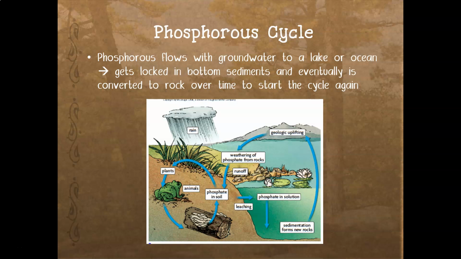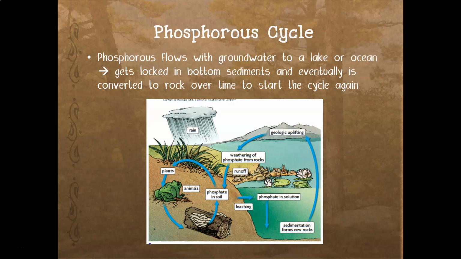So that phosphorus flows with that groundwater to a lake or to an ocean and ultimately settles out to the bottom. So it'll end up as that phosphate in solution. And so long as that aquatic ecosystem is calm enough, that sediment can then settle down to the bottom where we just keep building layers, right? And eventually enough layers build on top of each other, creating pressure that will then convert that sediment back into new rock.